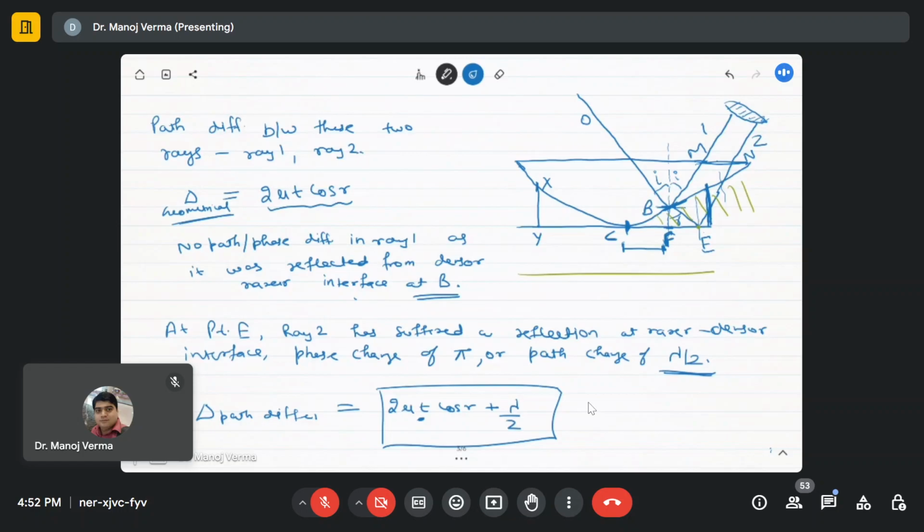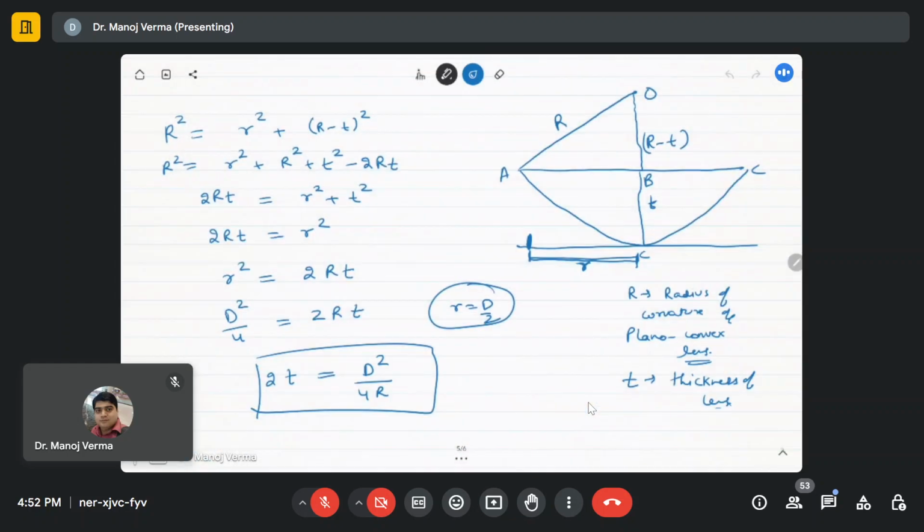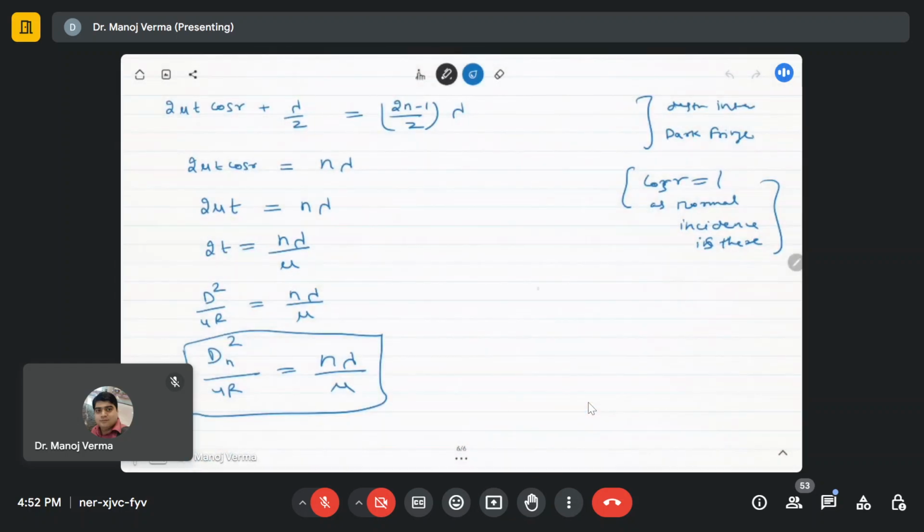And if the path difference between two rays is lambda by 2, then there will be destructive interference and a dark fringe will form. So in case of Newton rings, a conceptual question comes in exams: explain why the central fringe in the Newton ring setup is dark.